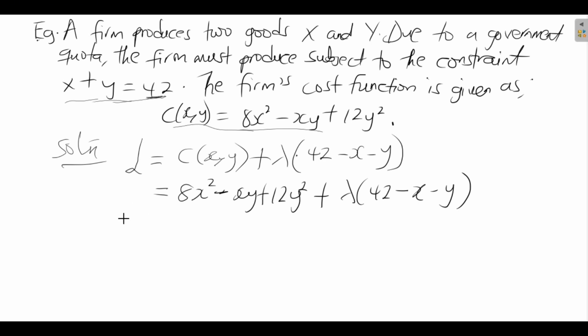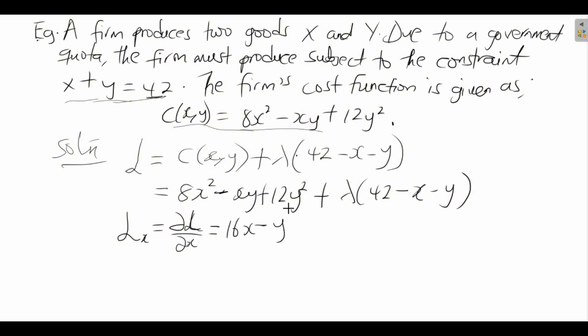So first, let's find the partial derivative with respect to x. This is the same as delta L over delta x. Don't forget, this is the symbol for the Lagrangian. I'm very sure that you know how to find a partial derivative. It means that we take the derivative of this whole function with respect to x. And so we are going to get 16x minus y.